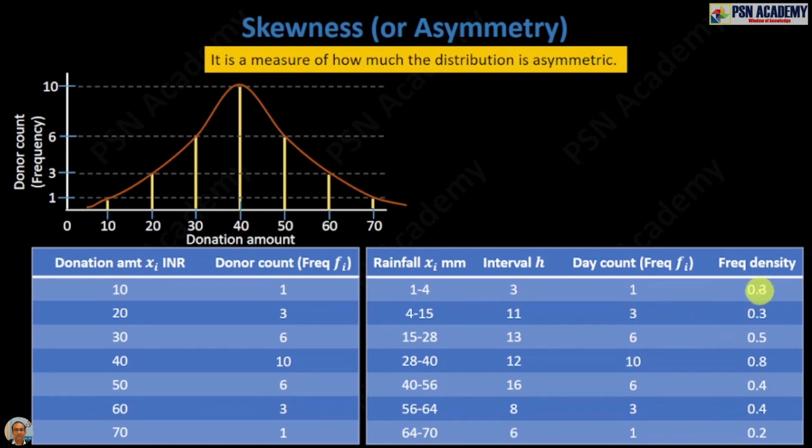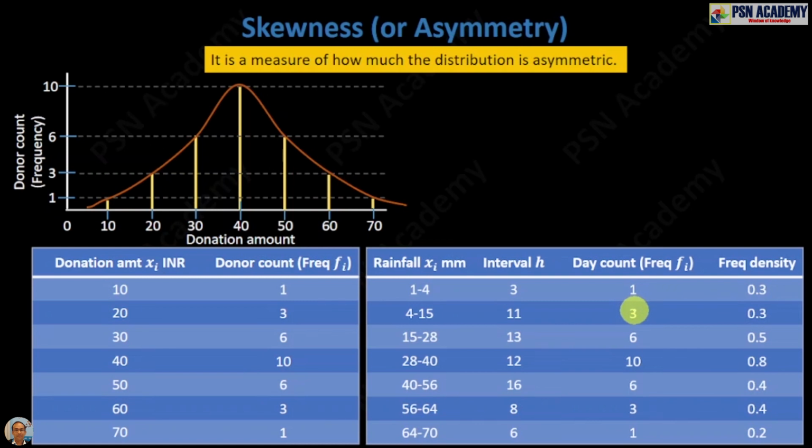And you have the frequency density, because sometimes this day count is with an interval of 3, and sometimes with an interval of 11. So the interval actually varies. Based on this unequal interval width, you cannot have a clear idea which one is higher and which one is lower, right?